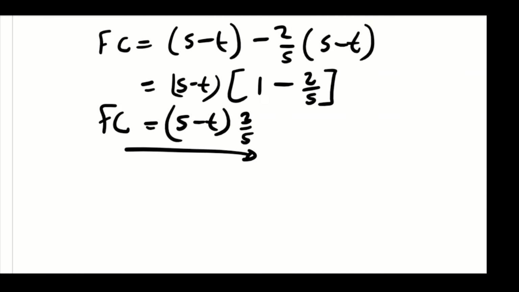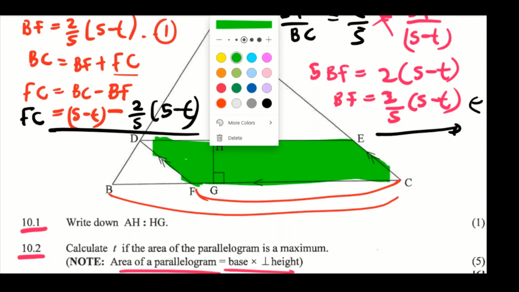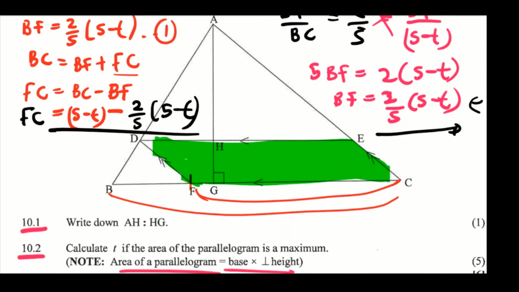And now that we found FC, we need to get the perpendicular height. So now that we know FC, this portion here, we need to find this perpendicular height here, HG, right?